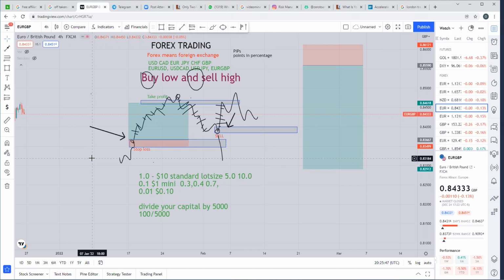And if we are using a mini lot, which is 0.1, and remember 0.1 is $1 per pip. Let's say we are using 0.2, so that's $2 per pip, and then a 17 pip stop loss. So that means 17 times 2, that's $34 loss.